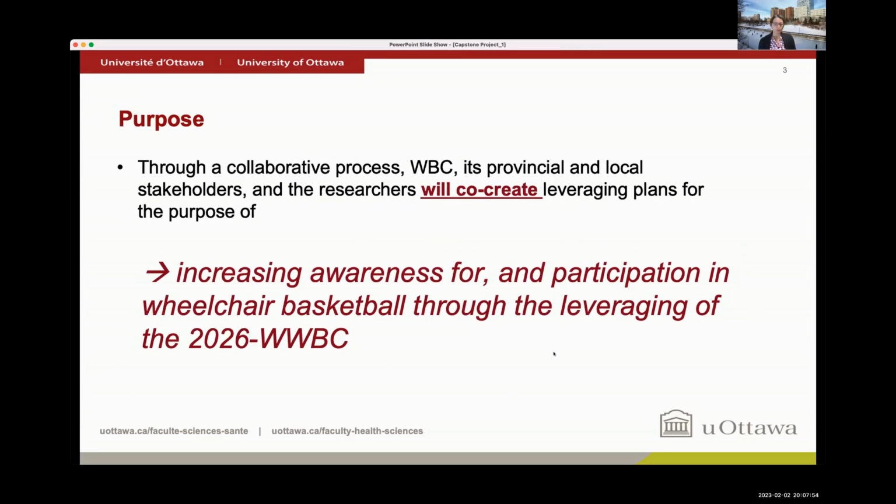So the purpose of this project is a collaborative process. We work together with wheelchair basketball. We're not just going to tell them what they need to do. That's not what we do. We work together. We co-create knowledge. They have knowledge that we don't have, and we have knowledge that they may not have, and it's by bringing that knowledge together that we can do something new.